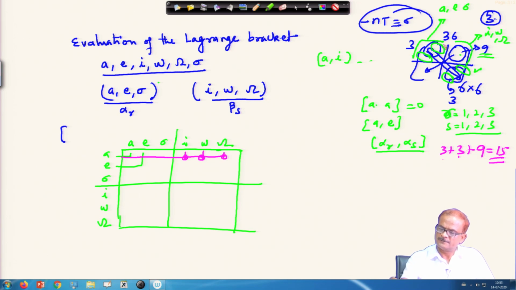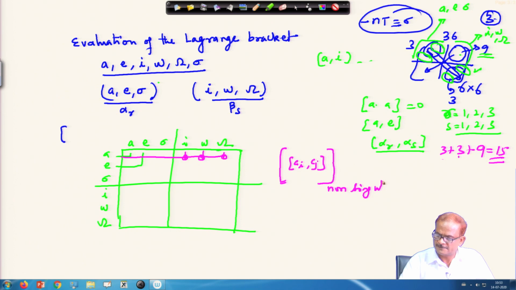Because of the skew symmetry, another thing you should notice is that the matrix formed by the Lagrange brackets C i comma C j is non singular. Non singular means its determinant is not 0, although this is skew symmetric. This is because it is of even order.